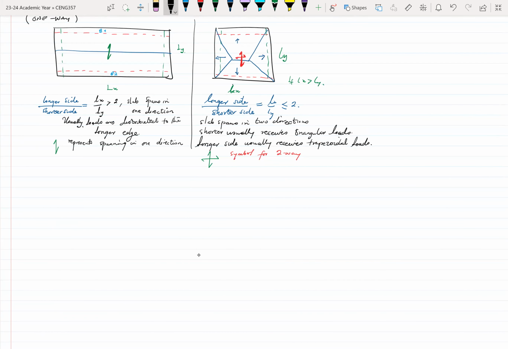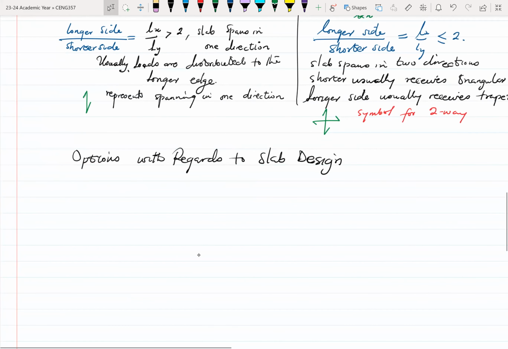So sometimes, when it comes to options with regards to slab design, it depends on how the slab is positioned, right?